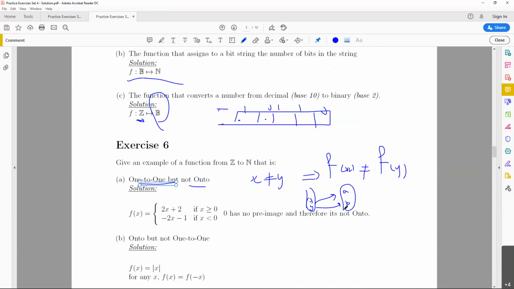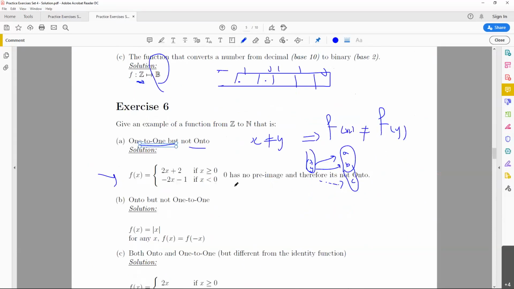But they're saying not onto, so you could have an element here, C, that doesn't have anything pointing to it. So they gave you this, and 0, they're saying, has no pre-image. So it's not onto. In other words, you can't give me an x that will make this equation 0.